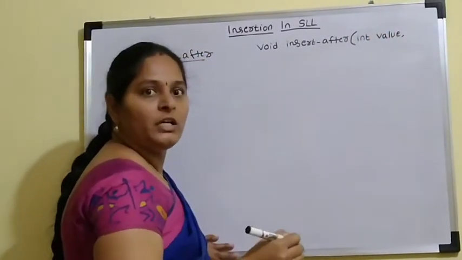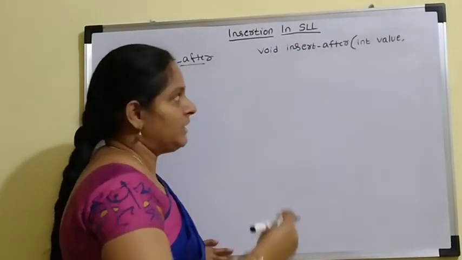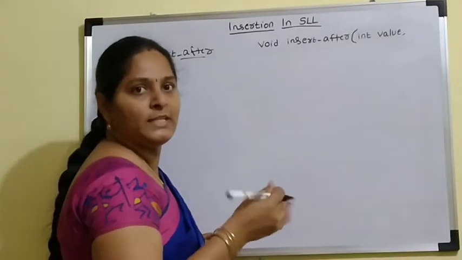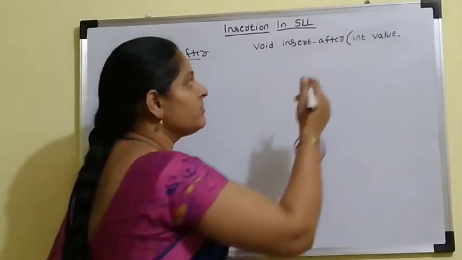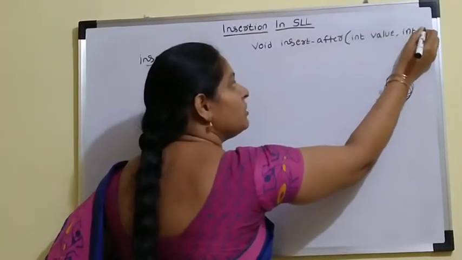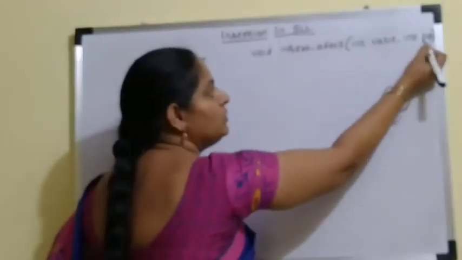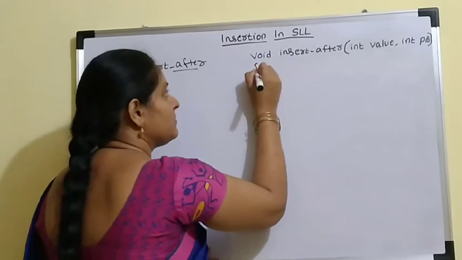If you want, you can pass the value as a parameter, or in the function itself you can accept that value from the user by using a scanf statement. It's your wish. And here I am passing the position also, where I want to insert this value in the list. So those two parameters I am passing.